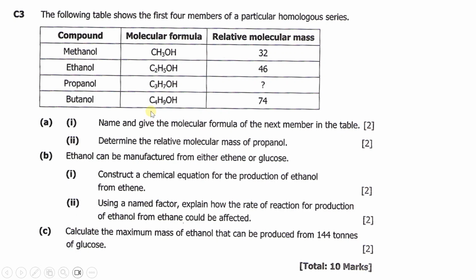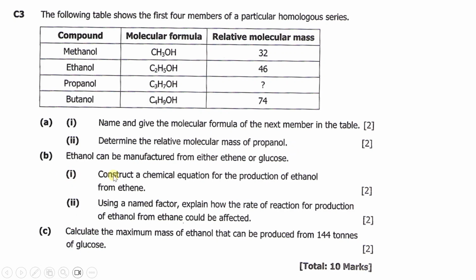So maybe after butanol, the one that comes next is pentanol. Then determine the relative molecular mass of propanol. Then B, ethanol can be manufactured from either ethene or glucose.